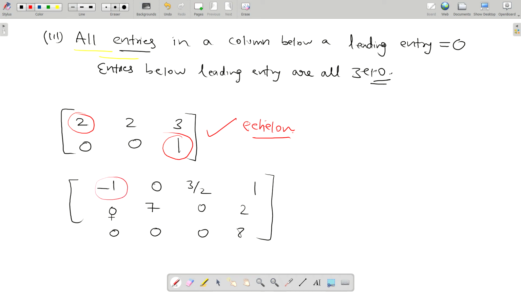All the elements below -1 are 0. This is the leading entry, and all the elements below are 0. The leading entry of the second row is to the right of the leading entry of the first row. The leading entry of the third row is to the right of the leading entry of the second row. So yes, this is an echelon matrix.